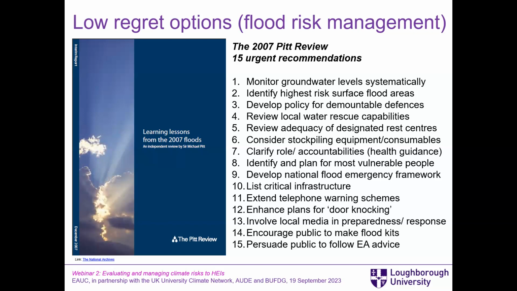And here I've identified 15 recommendations, and all of these I think you could describe as low regret. They make sense to implement today and in the future, regardless of the amount of climate change. So knowing, for example, where your critical infrastructure is, what your critical infrastructure is, is an action you can take that you're not going to regret. Knowing what and where is at risk.